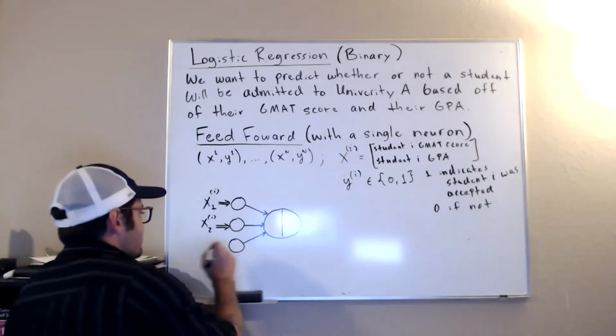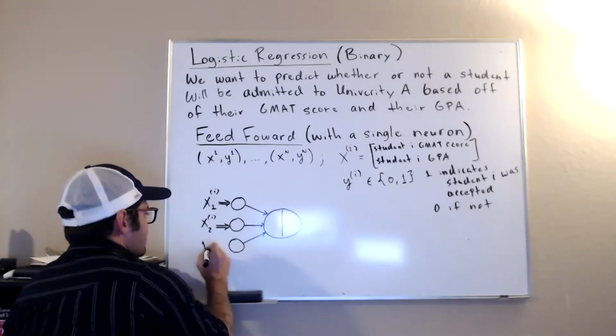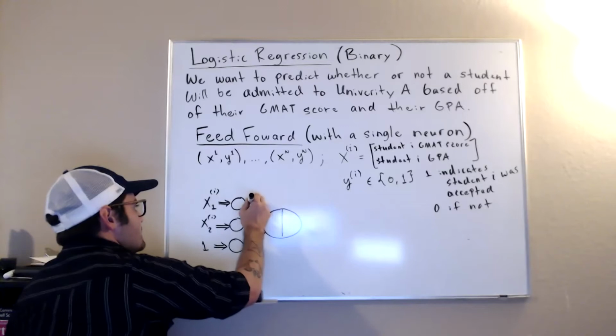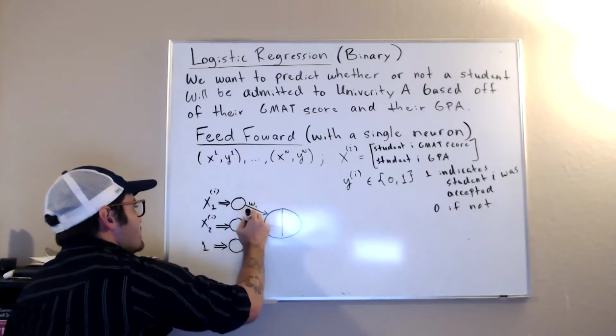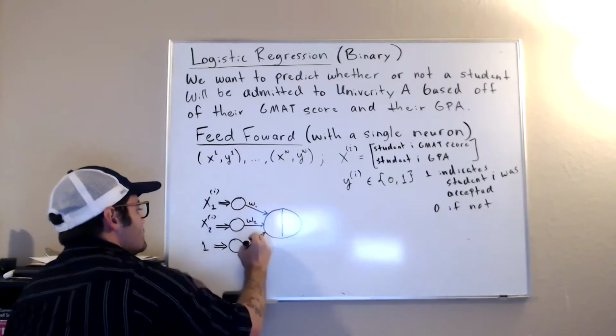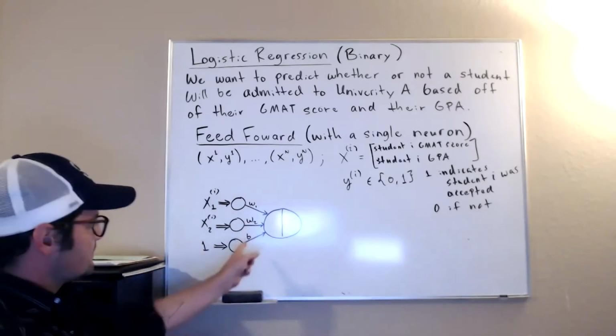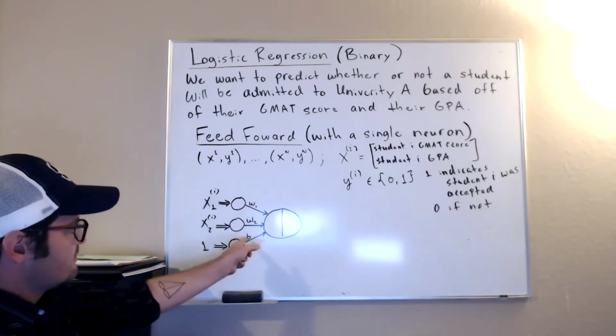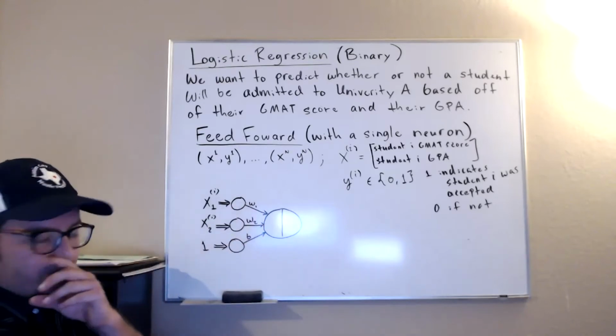And then we also have the bias, which we're going to feed in as a 1. Okay? And then here we'll have a weight 1, a weight 2, and then a bias B. We can consider this a weight as well, but for today's lecture, we're going to go ahead and call it B and call that W.